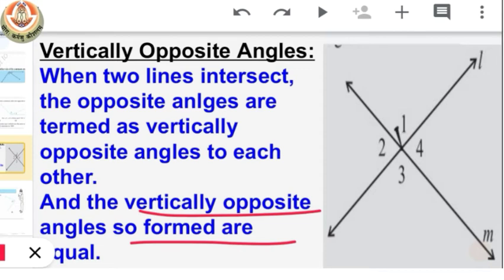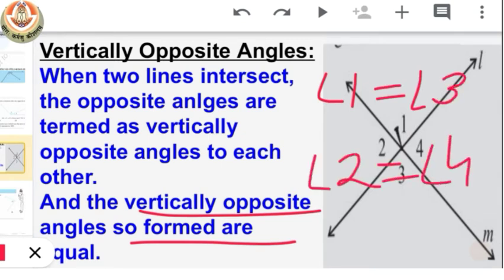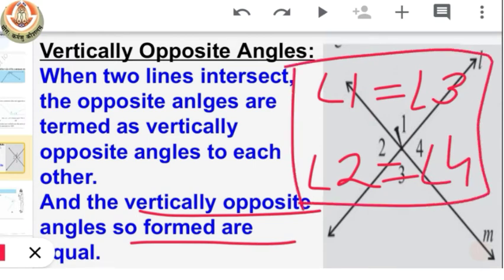So we can say that angle 1 equals angle 3. Similarly, angle 2 equals angle 4. This is a very important point, that vertically opposite angles are equal to each other.